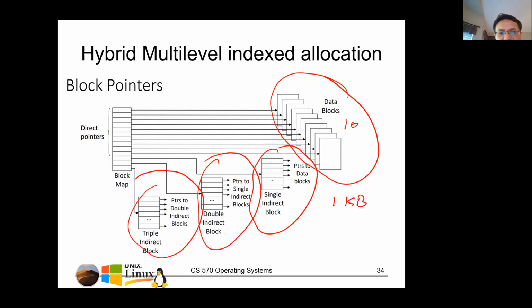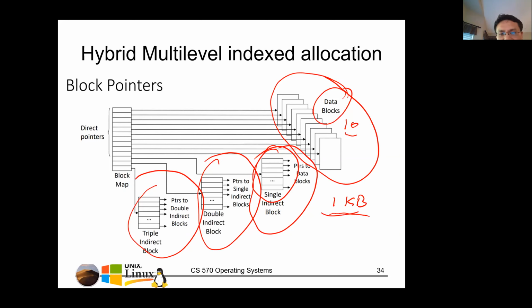This is easy for the direct data blocks. There are just 10 of them, right? For the single indirect block, this is just a block, so it has a size of 1 KB, right?